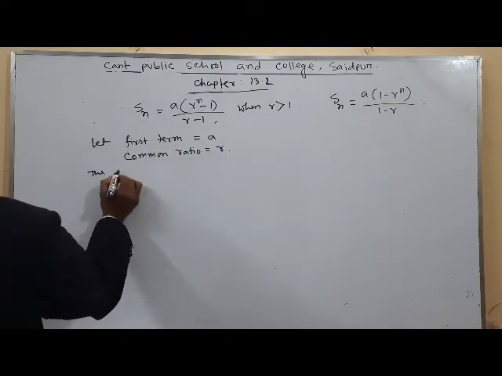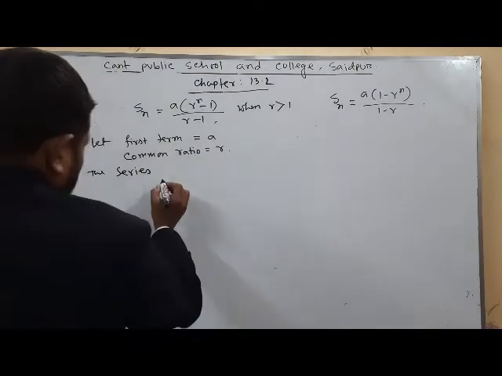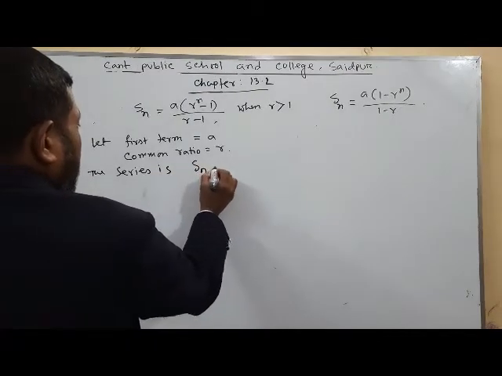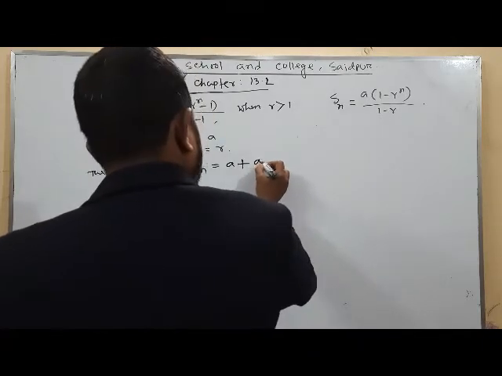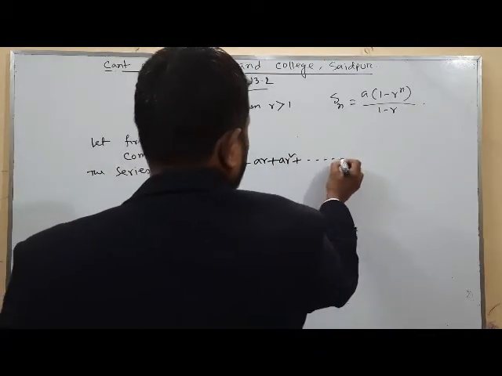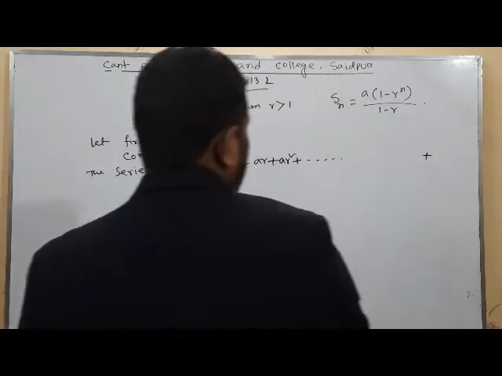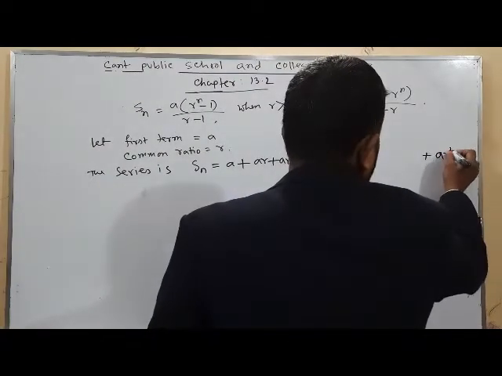So the geometric series of first n terms is a plus ar plus ar square, and so on. If we write the last term, this will be ar to the power n minus 1.